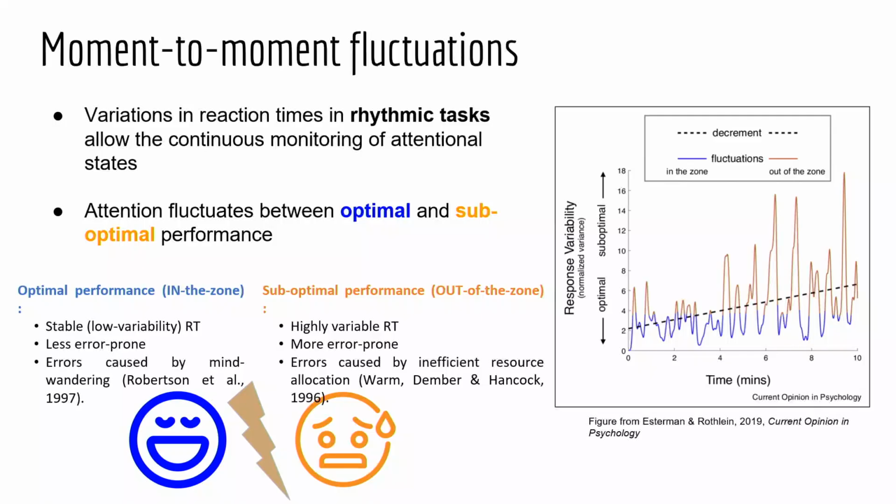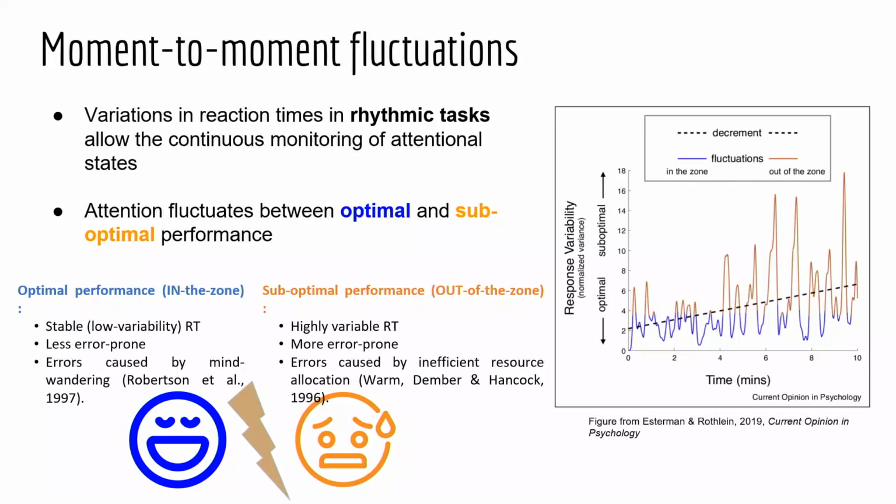A recent line of research focused on moment-to-moment fluctuations in sustained attention. Using a rhythmic task, researchers were able to discriminate between periods of optimal and suboptimal performance based on the variation of reaction times. Optimal performance is associated with low variability reaction times, and it's a period in which people are usually less prone to commit errors, attentional lapses.